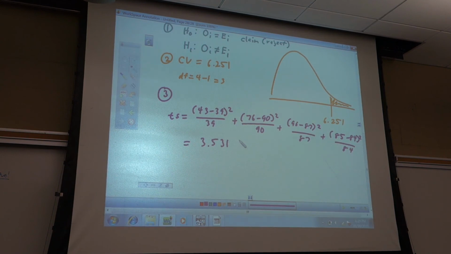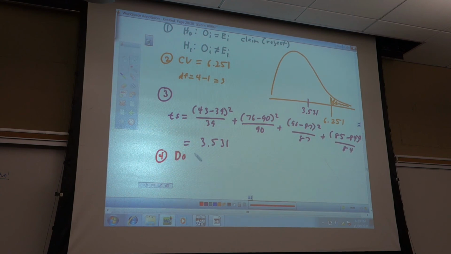Okay. So now, where does 3.531 go in this picture? Right, in this empty area here. 3.531. So am I going to reject H naught or not reject H naught? Do not. Right.